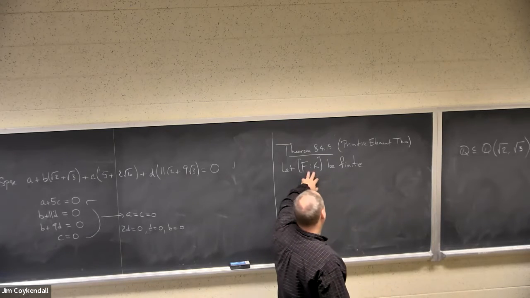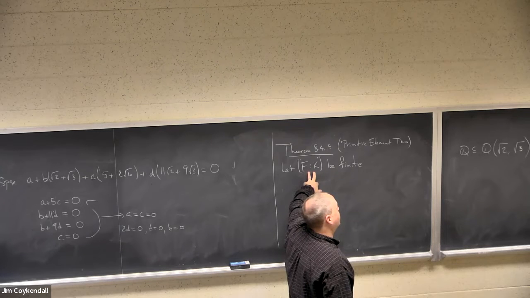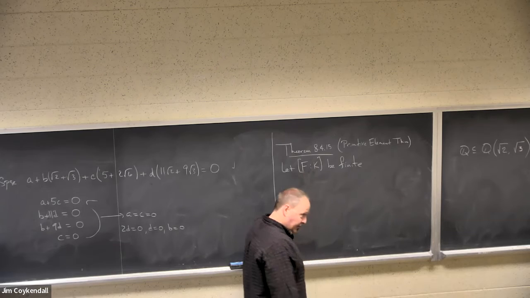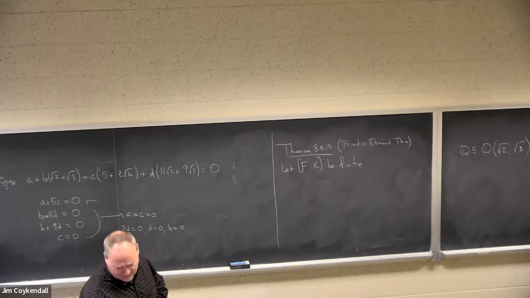And so if it's not finite, the only way it could ever have a primitive element there is if it is transcendental, and small transcendental too.